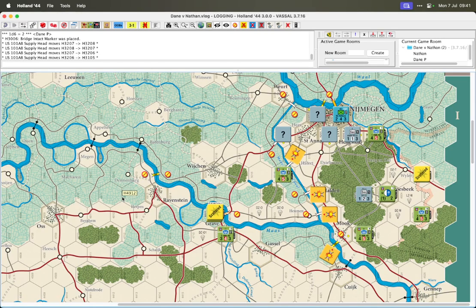And if you have bad weather on day three, you're either going to get half or none of the 82nd's second phase. And so if you're waiting on day three or day four for those units to come in by airdrop, you want the 82nd's supply head to be moving towards a clear hex around Nijmegen, because by turn three or turn four, you have much more latitude where you drop. And by that time, you can drop wherever the supply head is.